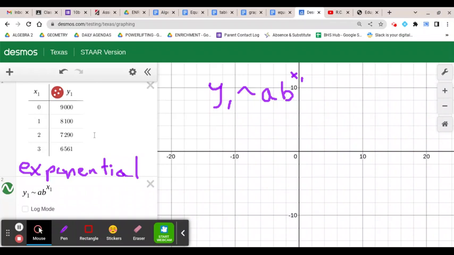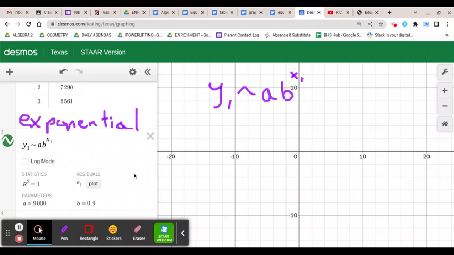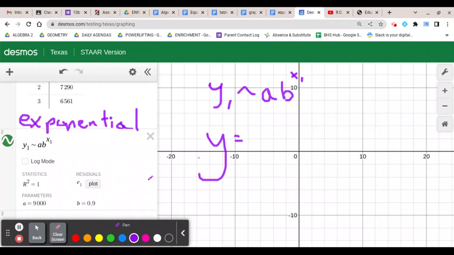Okay, so after we type this in, when we scroll down and look under the statistics and stuff, it's going to give us an A and a B. So now we can type in our A and our B. The actual equation is going to be y equals A, which is 9,000, times B, which is 0.9, to the power of x.